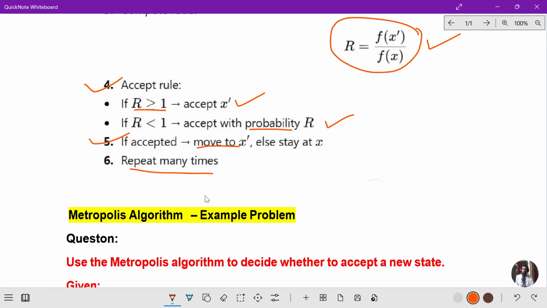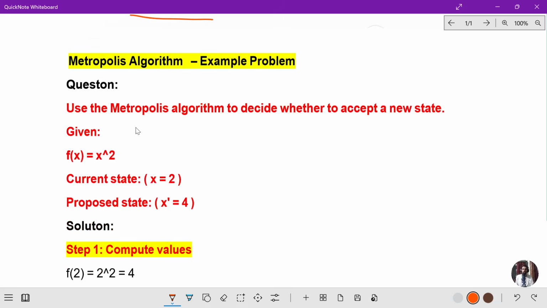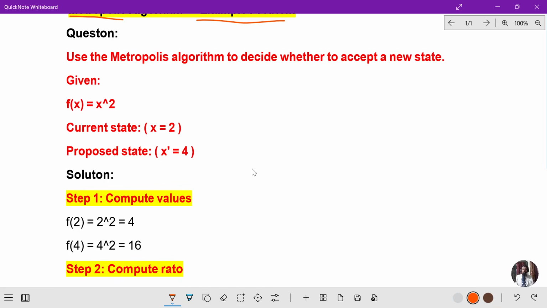In order to better understand, we'll go with a problem. So what is the Metropolis example? Here they have given an equation: f of x is equal to x square, and the current state is x equal to 2. The proposed state, I want to go with the next state as 4.